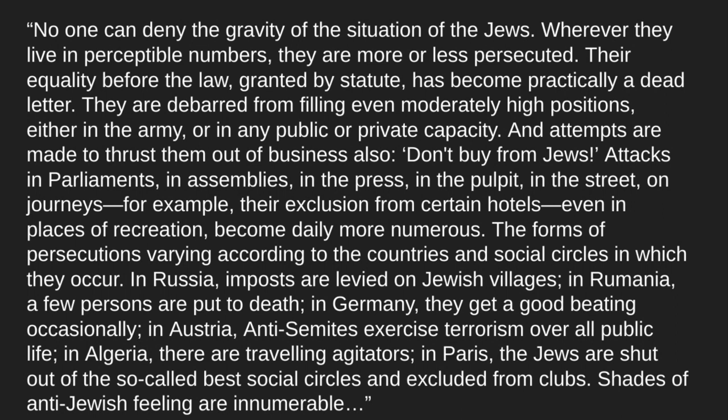"This is a fact. Their equality before the law, granted by statute, has become practically a dead letter." So the Jews are persecuted. They don't have any equal rights under the law. "They're debarred from filling even moderately high positions, either in the army or in any public or private capacity."